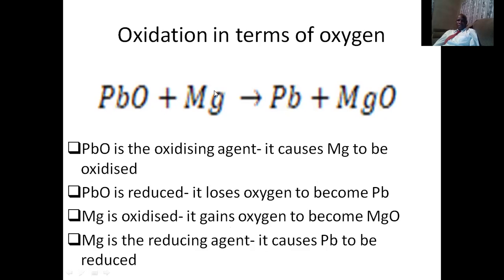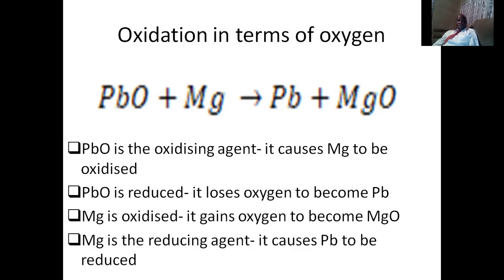So this is very important. And red oxide has been reduced because the oxygen has been removed from it to form red on the product side. And so red oxide, because it causes magnesium to be oxidized, is known as the oxidizing agent.